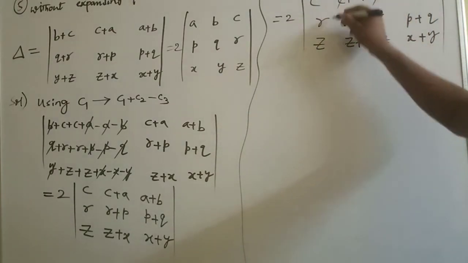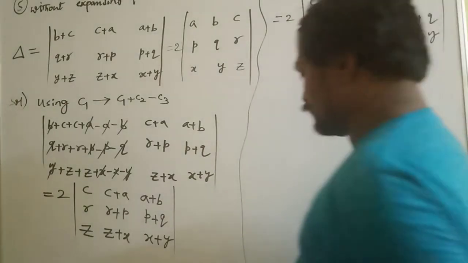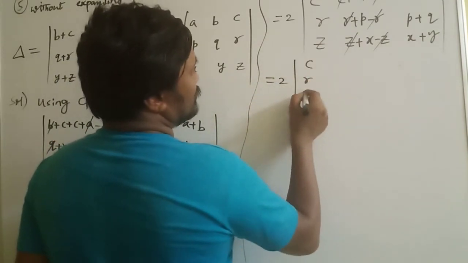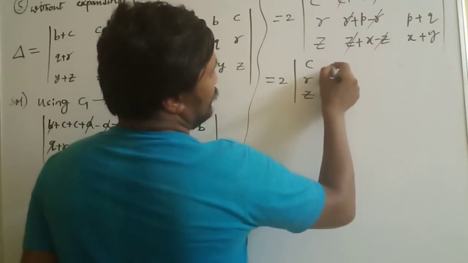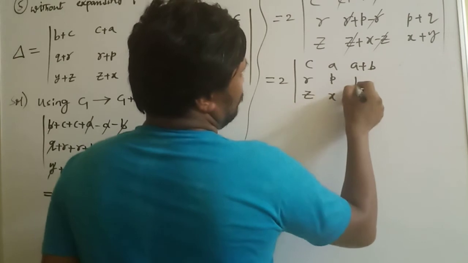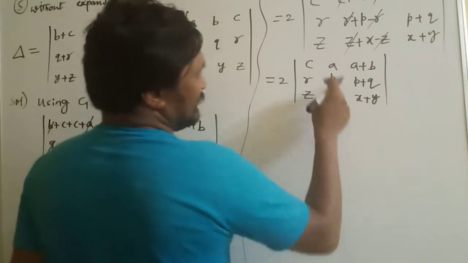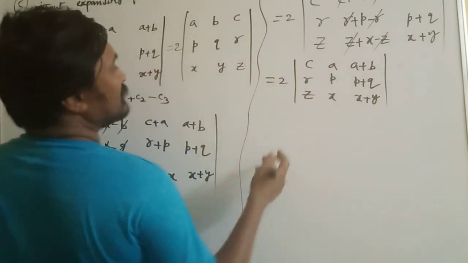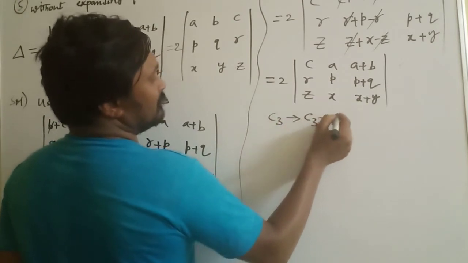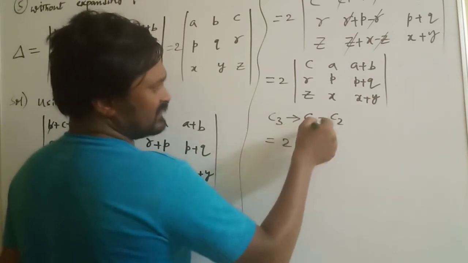So now minus C plus C, minus R plus R, minus Z plus Z cancel. So what is going to be here? This is equal to 2 times C or Z, A, P, X, A plus B, P plus Q, X plus Y. And that you can subtract again. So now C3 tends to C3 minus C2. These two subtract, apply this operation.